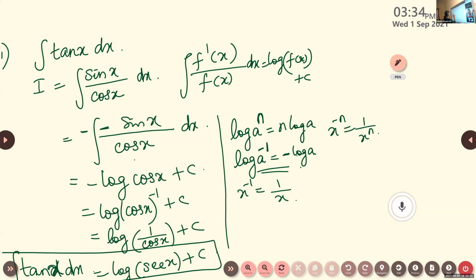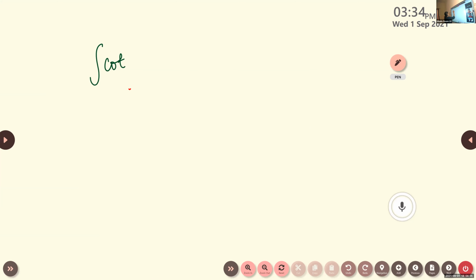Now the next one, integral of cot x dx. How will you write cot x?